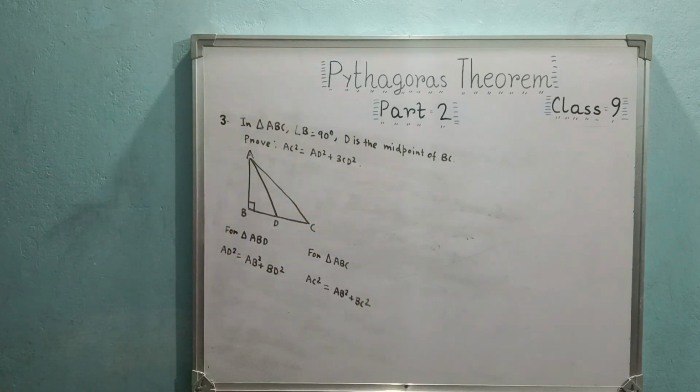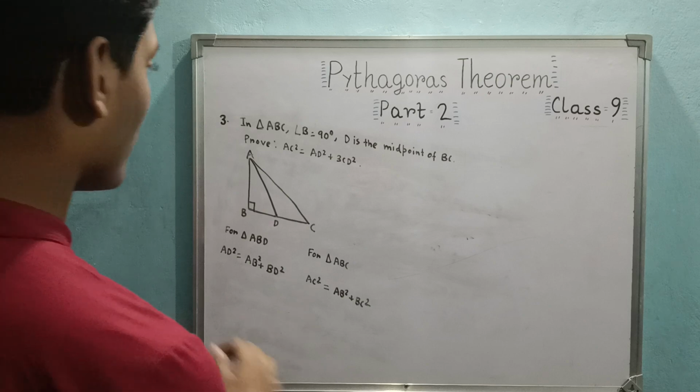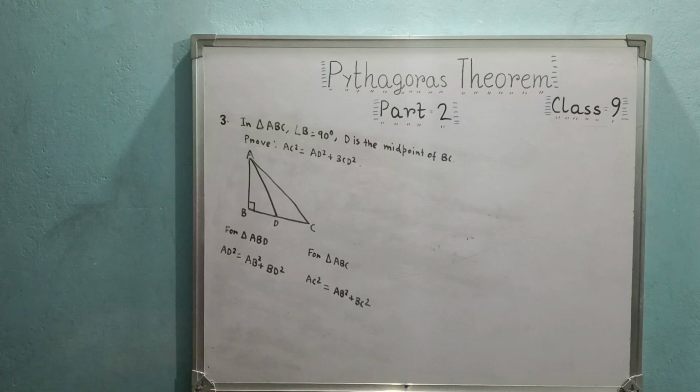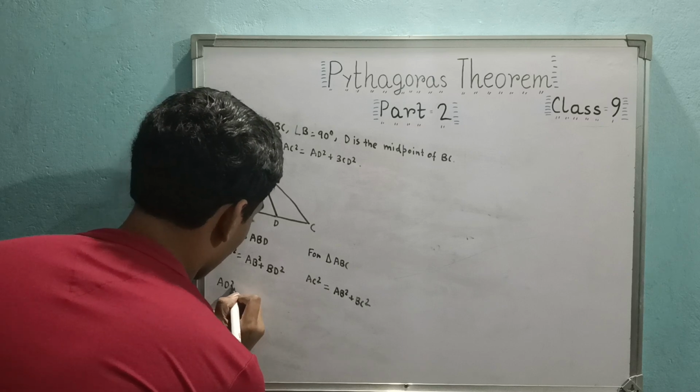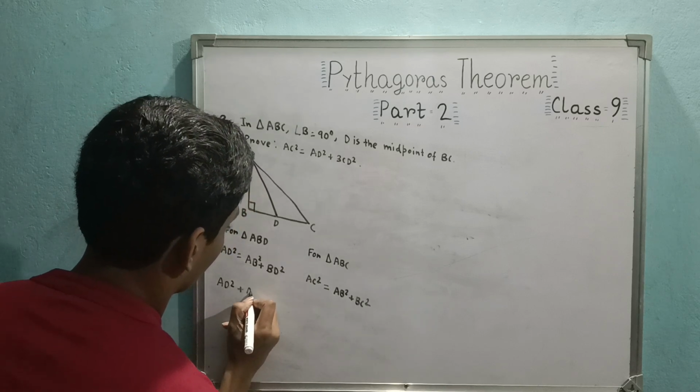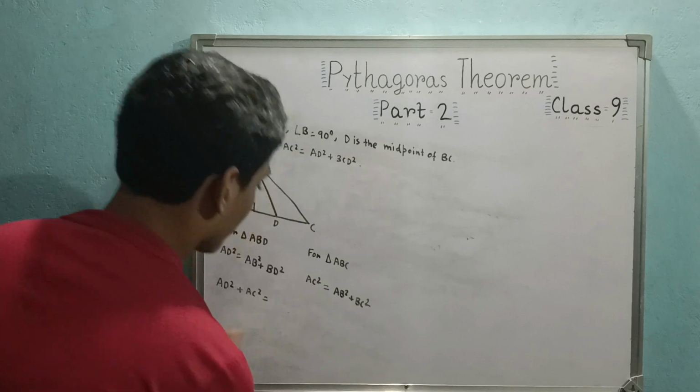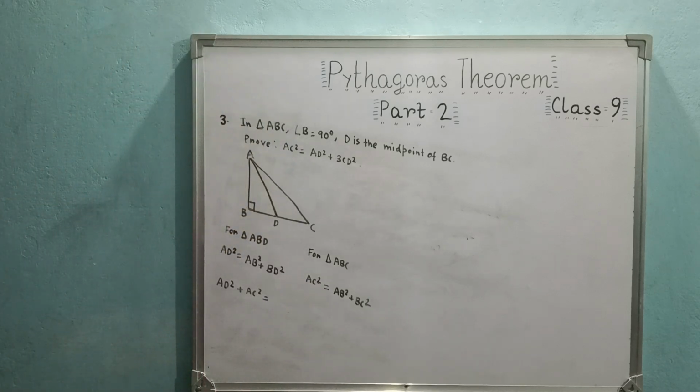All right. Now, what if we add these two equations? Let's see. AD square plus AC square equal to what? Okay. Is it good to add or will it be better to subtract it? Let us just see that.